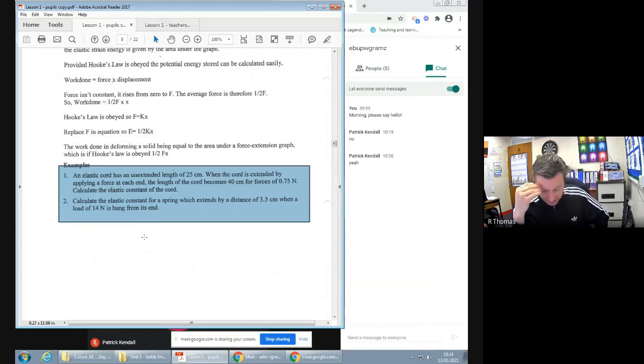Calculate the elastic constant k of that cord. Now be careful here because your extension is in centimeters, so you need to change that to meters. And then the second one, calculate the elastic constant k. They give you the extension and they give you a load. Again, just be very careful with the units. Make sure you change that to meters. So can you quickly do those two divisions for me and say done it in the chat when you have, please?